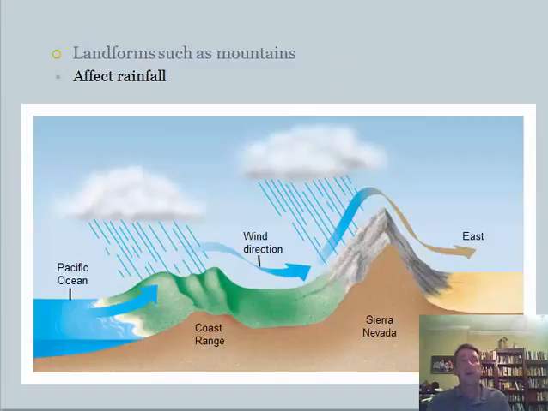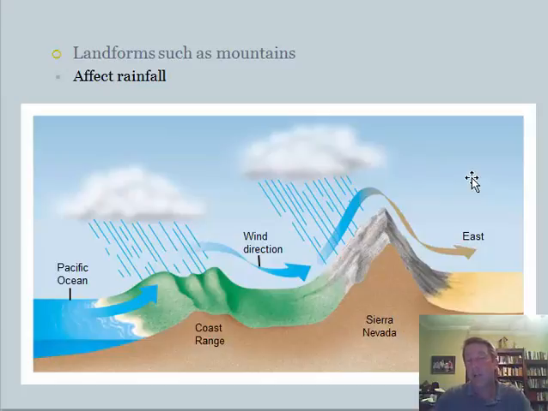Other things that will be affected by this are mountain ranges. Mountain ranges can block these moist air masses that are moving in an eastwardly direction. When they hit that mountain range, the air mass has to increase in elevation, and as it does, it can reach its dew point. All the rain can come out, and then we have nothing but a dry air mass when it gets over on the other side of that mountain range.